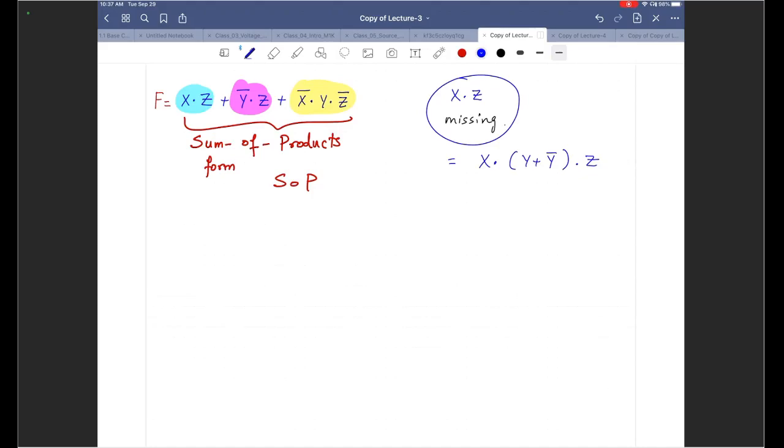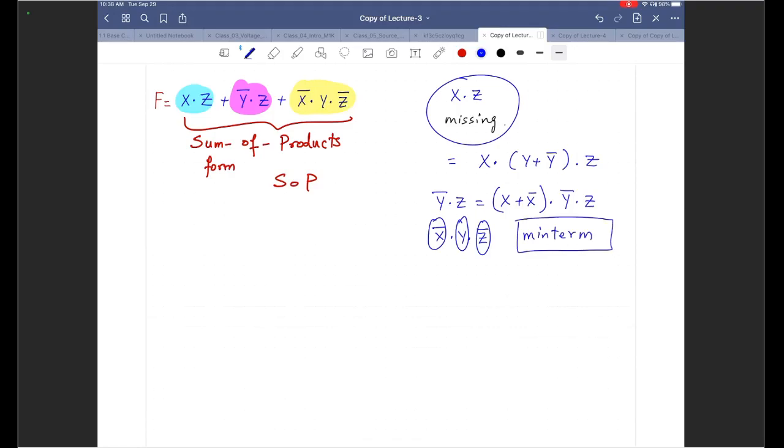Similarly for Y complement and Z, I'm going to write that as (X or X complement) ANDed with Y complement and Z. The last term already has the 3 inputs represented, either in true form or in complemented form. You see X is there, Y is there, Z is there. So it is already what we call a minterm. Formal definitions of these terms will be discussed in just a minute.